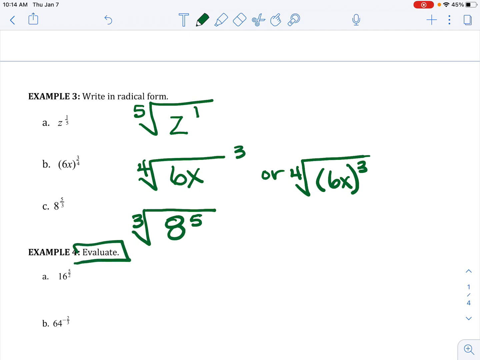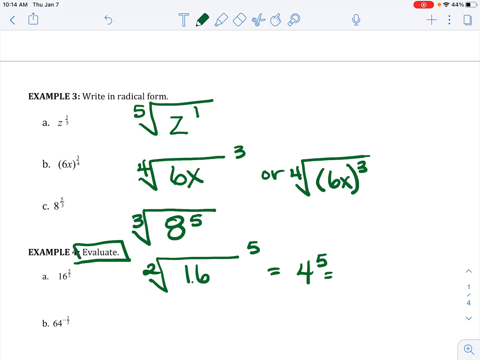Now, when it says evaluate, you need to actually find the value of it. So how are you going to do that? Well, let's first rewrite it as a radical. So 16 is my base, 5 is my exponent, 2 is my radical. Do I know the square root of 16? Yes, that is equal to 4. So it is 4 to the 5th power.